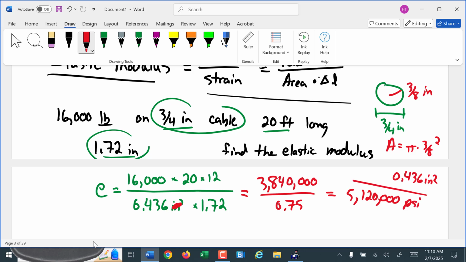That is in PSI is the units on that. If we did the units out, that's what we come up with. Sounds huge, but the elastic modulus of aluminum is 10 million PSI, so this is actually weaker than aluminum. Steel is 29 million PSI.